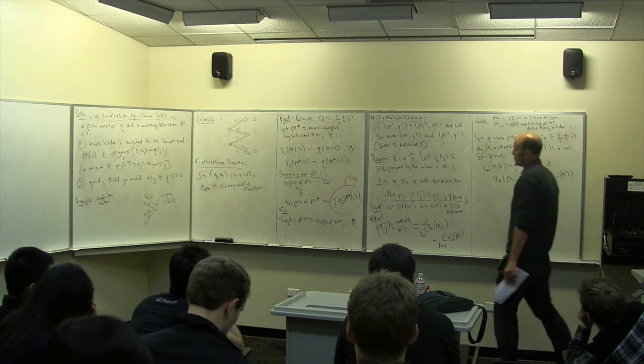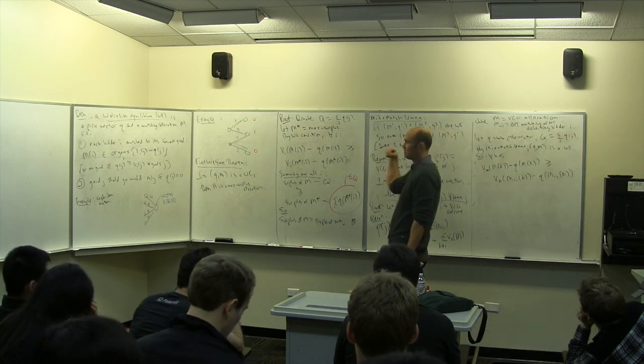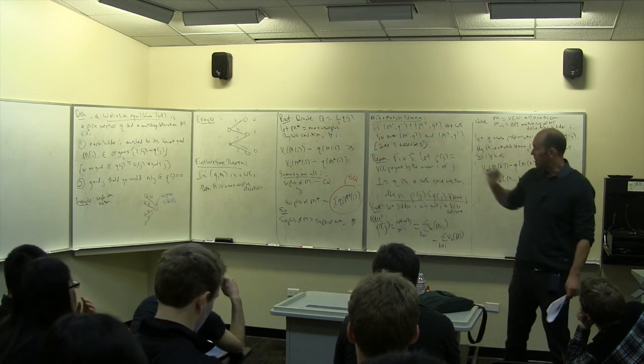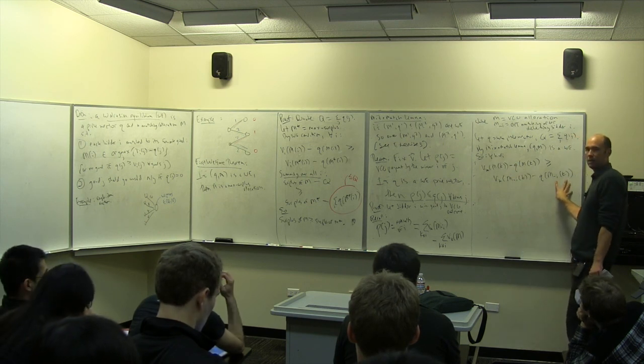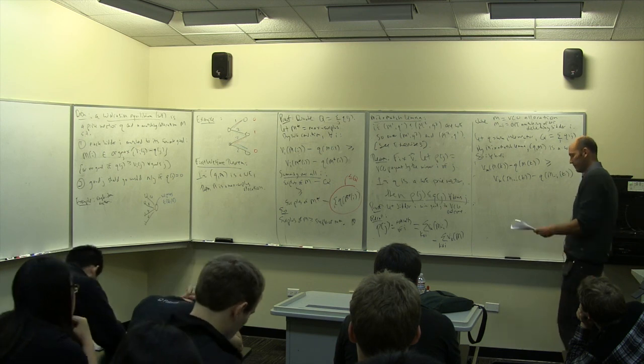I did exactly the same thing as before. The only difference is I threw out player I. And the other difference is instead of using the matching M star, which was optimal for everybody, I'm using as a competitor the matching M minus I, which is optimized for bidders other than I.